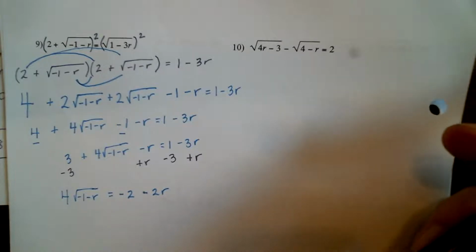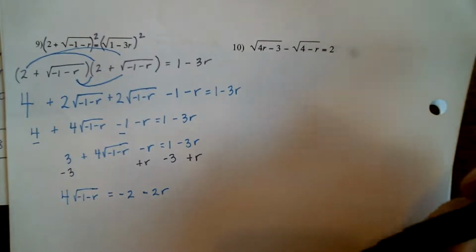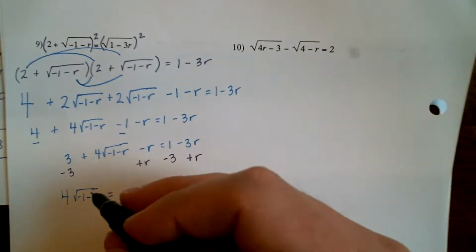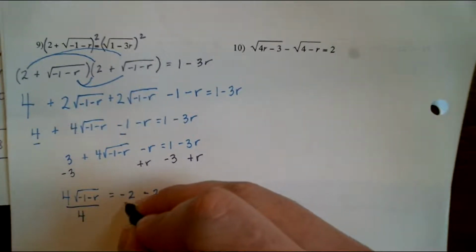Add 2, divide by 4, divide by 4. Okay. So let's divide by 4. That seems the majority of the people that answered. Divide both sides by 4.